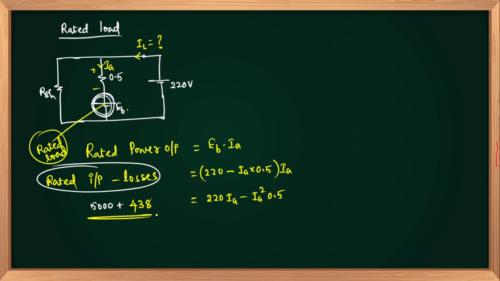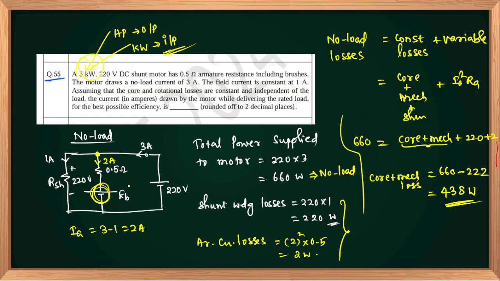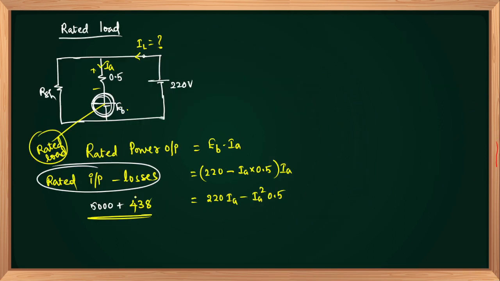And if you consider all the losses, the shunt field copper losses and the remaining armature copper losses, and subtract all these losses, you're not getting the answer.